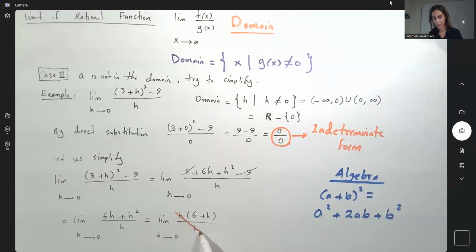Cancel out h and h here. You end up with a linear expression. You have the limit of 6 plus h as h goes to 0. Well, do the substitution. Direct substitution gives you 6 plus 0, or 6.